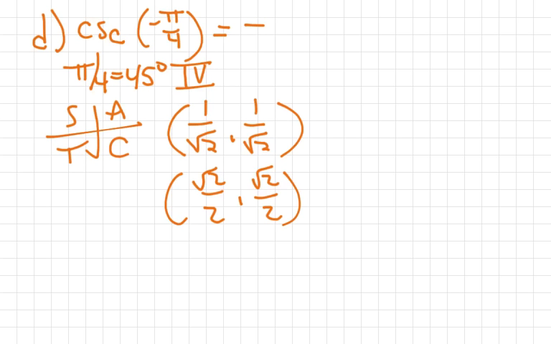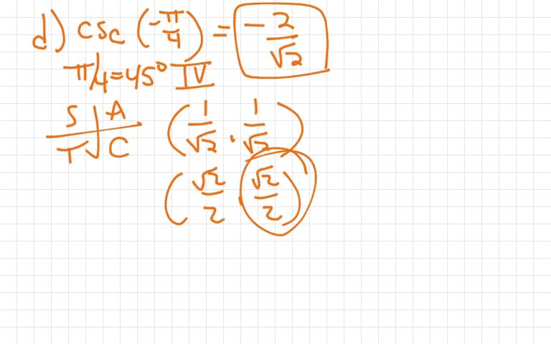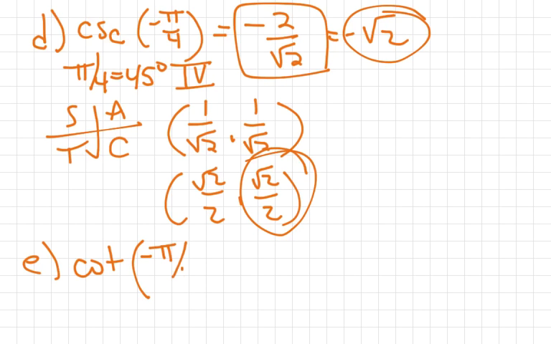The cosecant is the reciprocal of sine. So here's my sine, here's its reciprocal. Or you can tell me it's negative square root of 2. That's fine too. For cotangent of negative pi over 4, since cotangent is a reciprocal of tangent, in quadrant 4, this answer will also be negative.